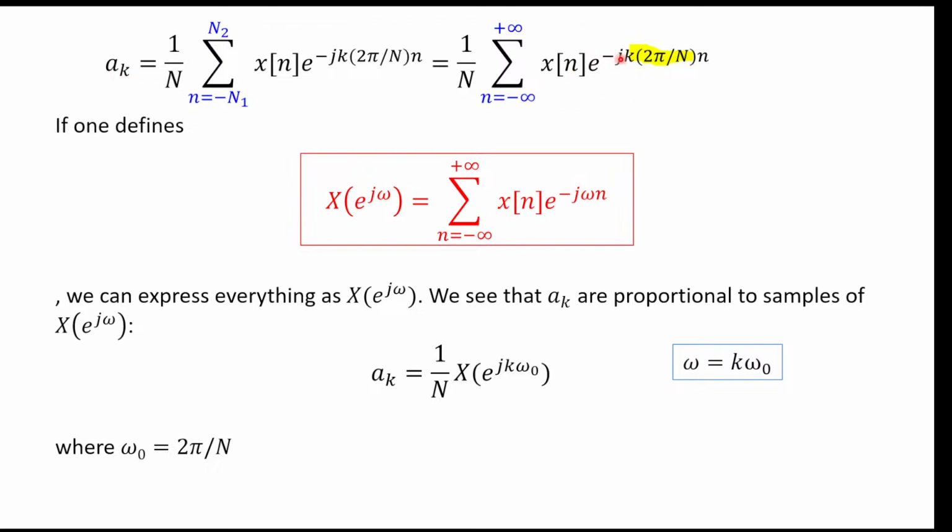It will have the same envelope function; you're just sampling over this envelope function more and more frequently. And algebraically, a_k can be written as this function big X taken at ω equal to kω₀. Okay, it's just algebraically true.